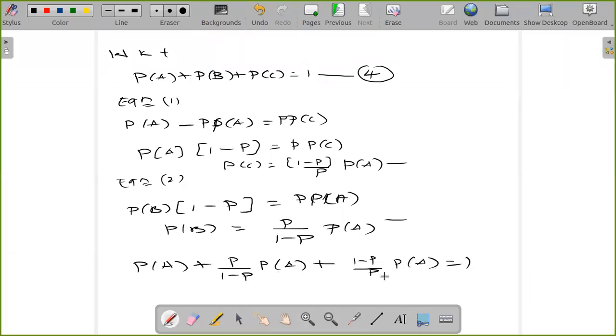Now try to solve this. We will get the value of P here. I'll take P of A common: 1 plus P into 1 minus P plus P equal to 1. Now solve this equation to get the value of P of A.